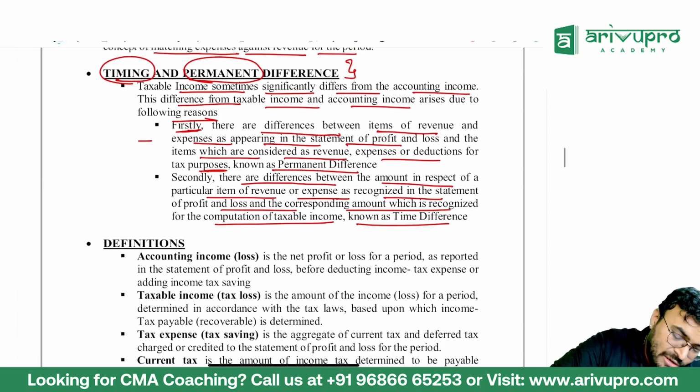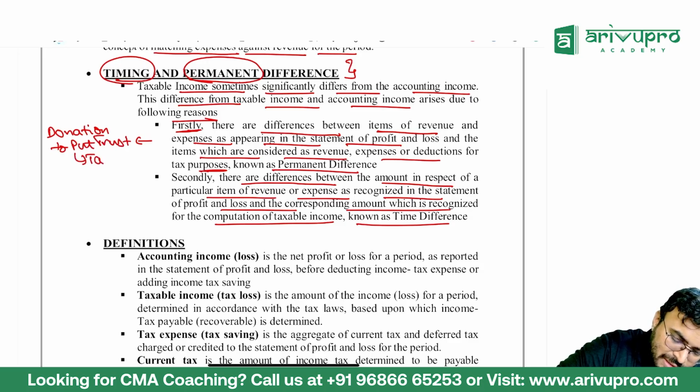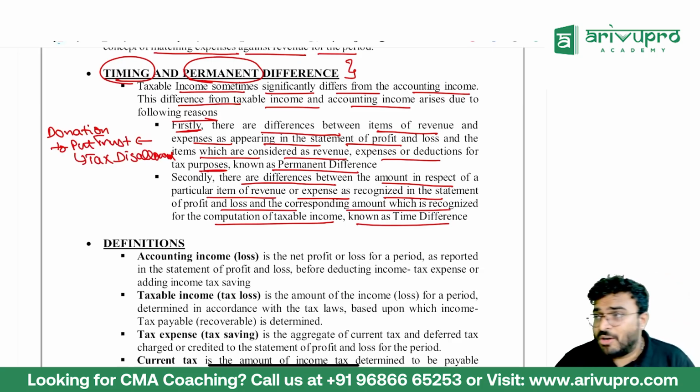For example, if you give a donation to a private trust, in tax it is disallowed, but in accounts you can take it as donation expense. Clear?